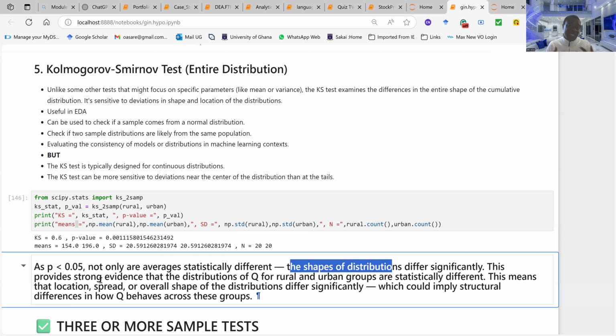What is the difference? Well, for the parametric tests, we have one-way ANOVA, two-way ANOVA, and MANOVA and ANCOVA. Find the difference. Remember, we looked at one and two samples, but ANOVA is when you have three or more samples.